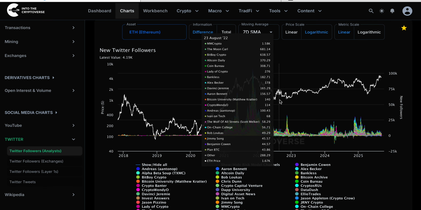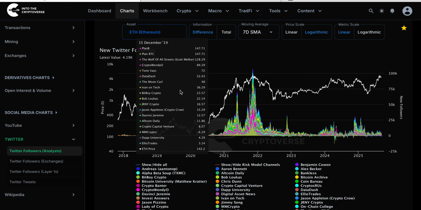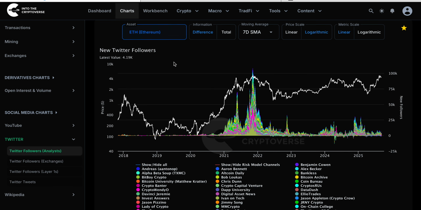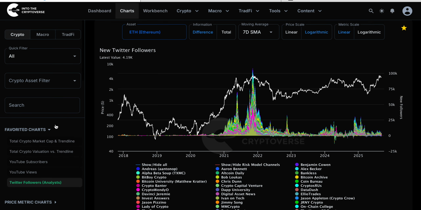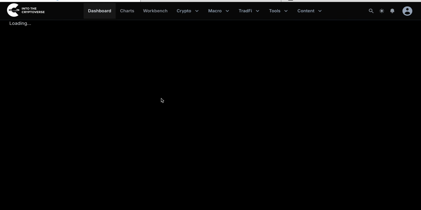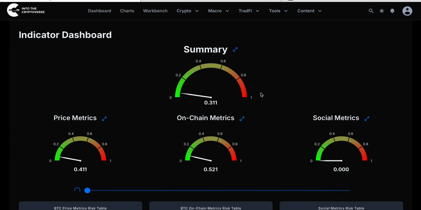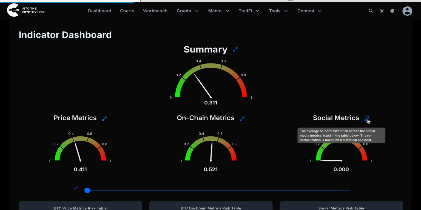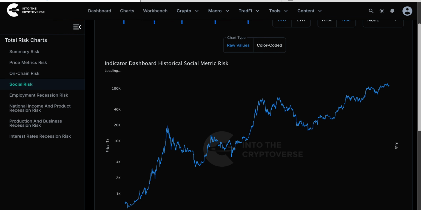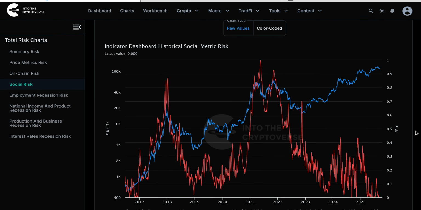Okay, that's another point. I lost my thought, but I just want to show you real quick the social metric score. Let me show you the dashboard right now. This is just the Twitter analysis, but it's very reliable, okay? Because the social metric score, guys, looks even worse.